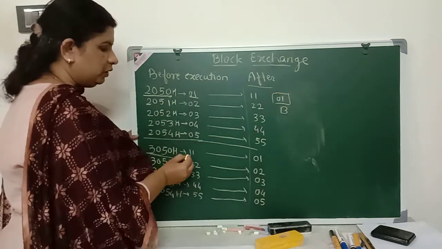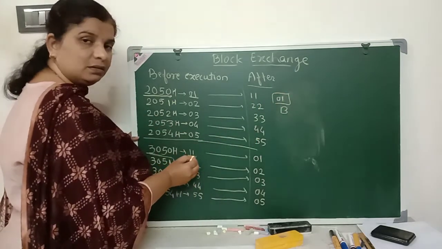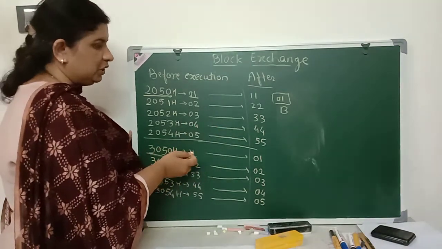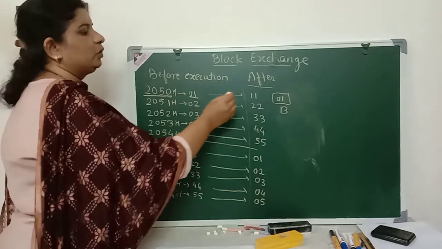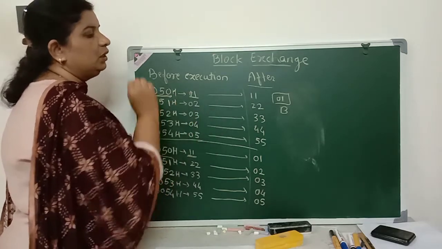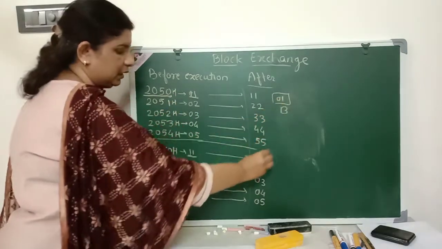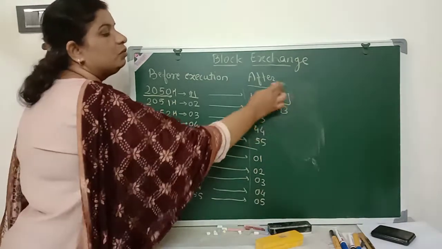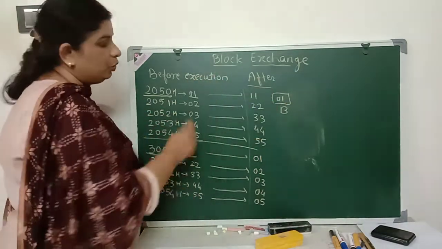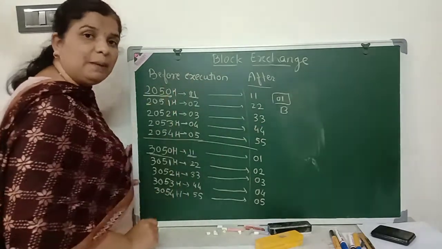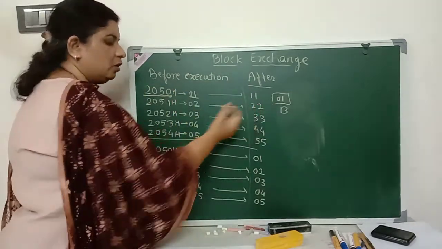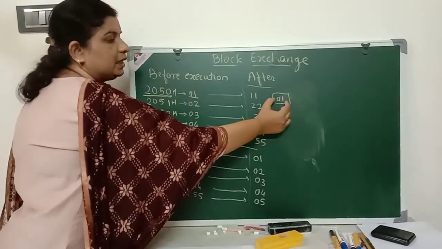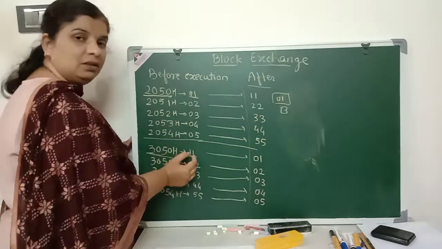Then we'll take this 11, the first number from the second block, into the accumulator, and then we'll shift the contents over here. Okay, then afterwards whatever contents are there have to be shifted over here. So we need one more register where we transfer the temporary data, and once this number has been copied to this location, then whatever data is here, we need to copy to this location.